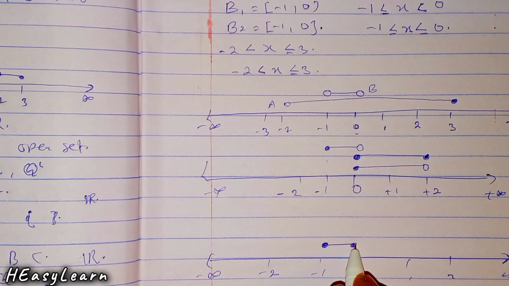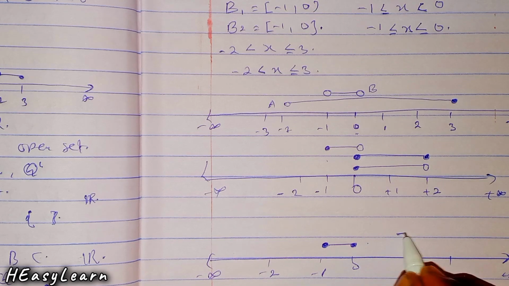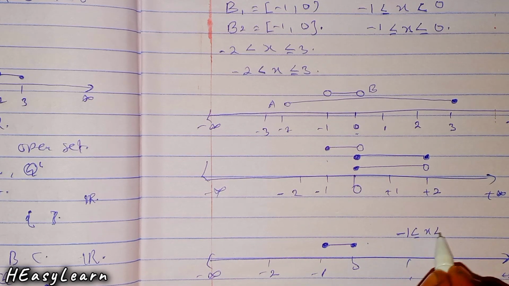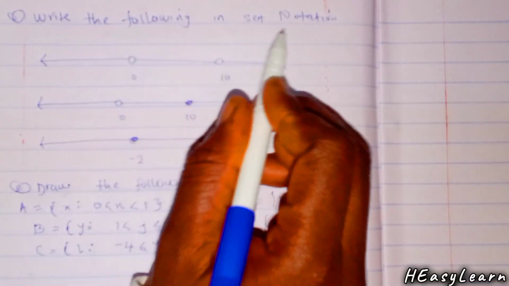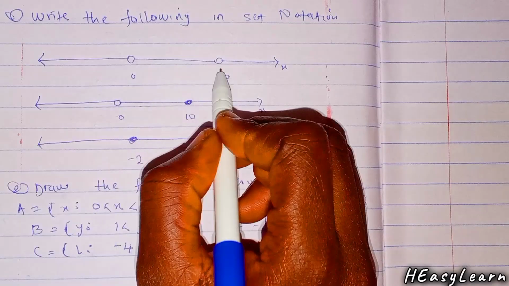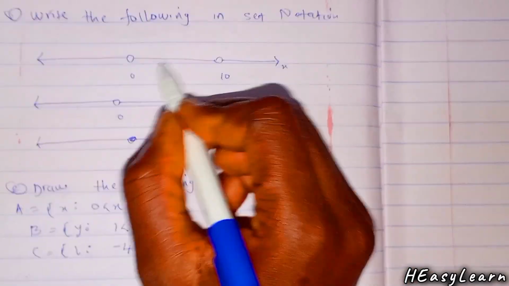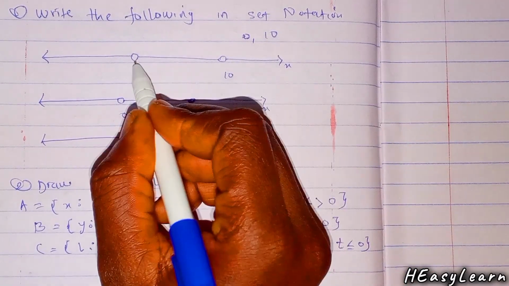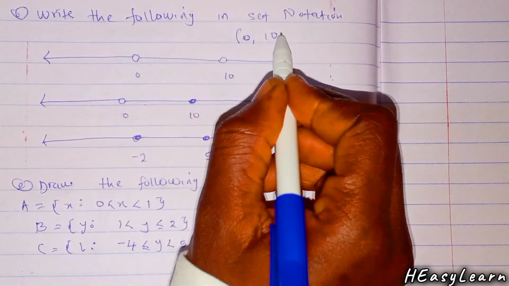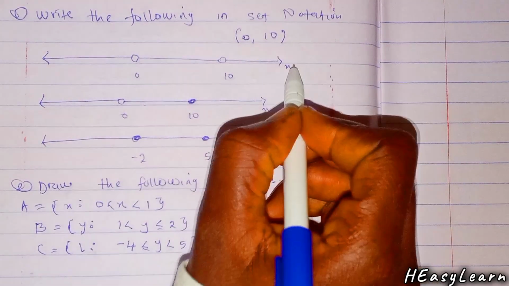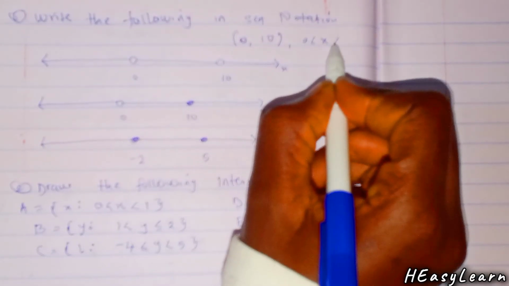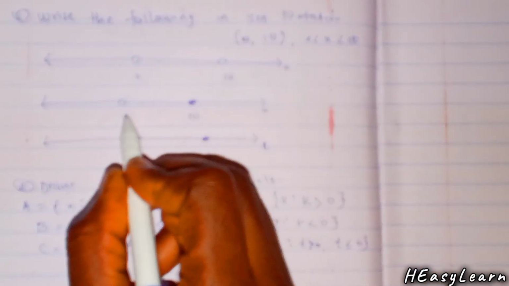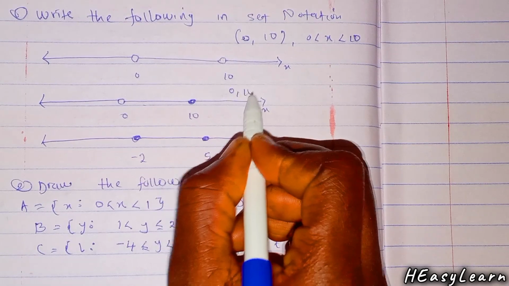That is how to represent it in number line. If you are given it like this, you can do the same thing: minus 1 less or equals to x less or equals to 0. The question says write the following in set notation. See, real line, it means there is an interval 0 to 10. Because I did not shade this, it's going to be using excluded bracket. That means 0 is less than x and x is less than 10.